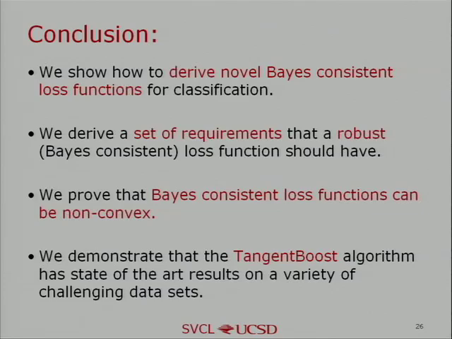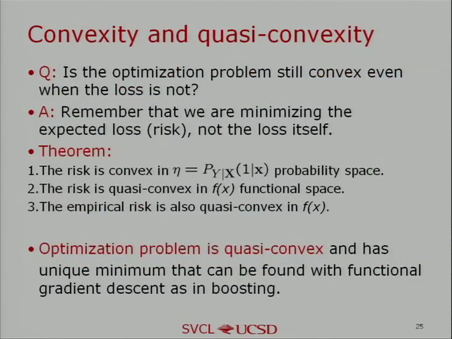The optimization is not, by definition, convex, but it's quasi-convex, meaning that it still has a unique minimum. So you can use quasi-convex methods to find the minimum. The easiest thing that works is just do functional gradient descent, which is what boosting does. That's why the boosting algorithms work, even though these loss functions have these quasi-convex shapes. So the important thing is that it still has a unique minimum.